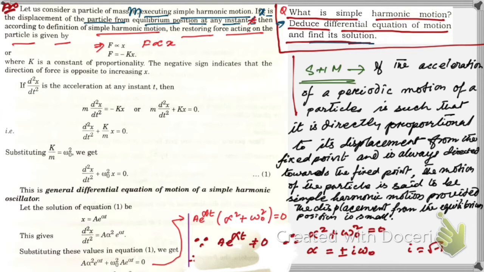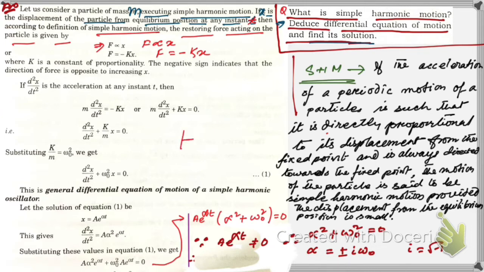Here we have the definition that in a periodic motion the particle is such that it is directly proportional to its displacement from the fixed point. Fixed point means the equilibrium position, right? To make it an equality, we need a constant. So F is equal to minus kx, right?